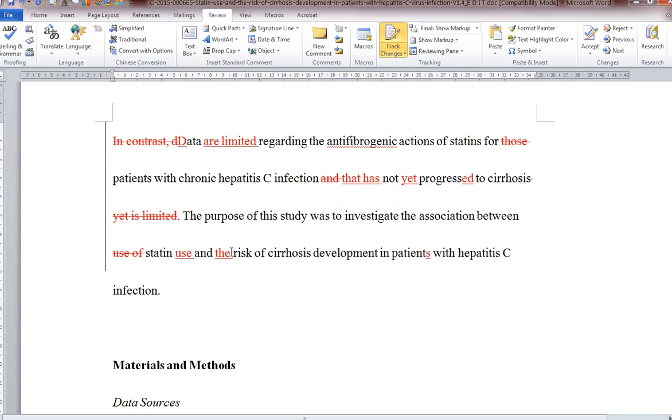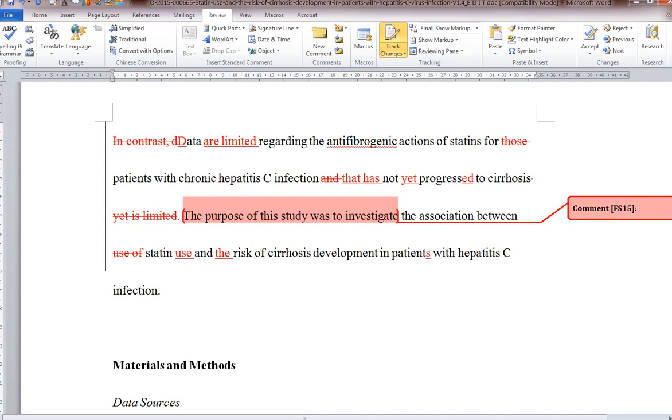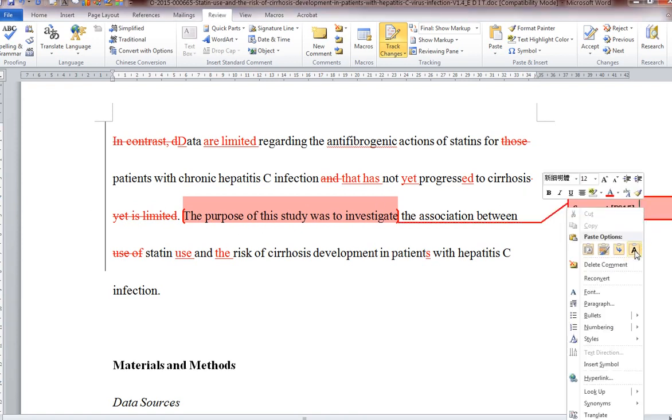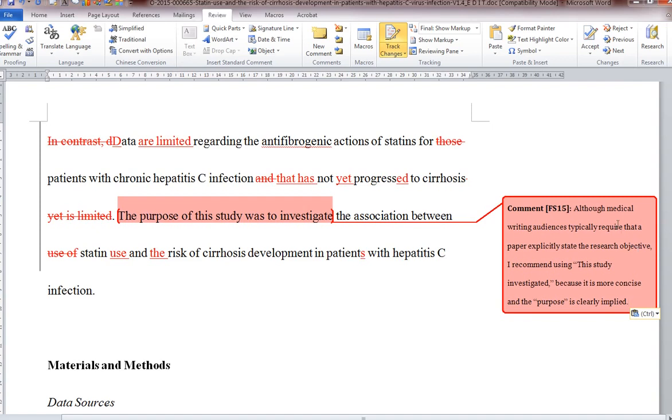These changes speak for themselves, but here, this is minor, but I usually like to let the author know. One concern regarding medical writing. Okay. Medical writing audiences typically require a paper to explicitly state the research objective.